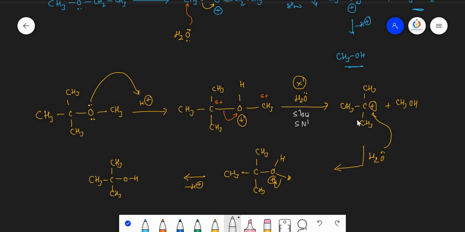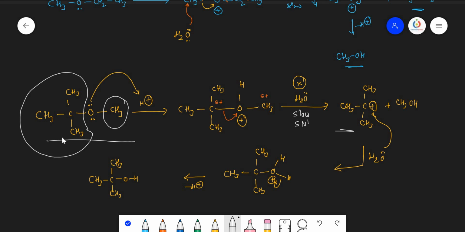After that, the nucleophilic substitution takes place. Whenever a tertiary group is present in an ether, remember that this side has a primary group and this side has a tertiary group. If at least one secondary or tertiary alkyl group is connected to the oxygen of the ether, then it follows the SN1 mechanism because their carbocations are more stable.